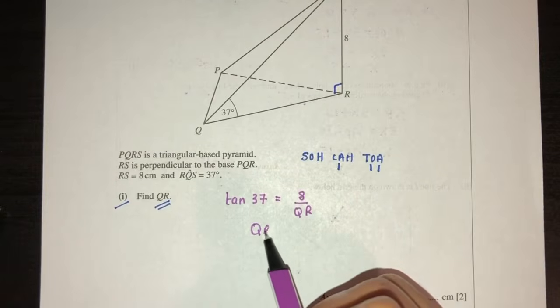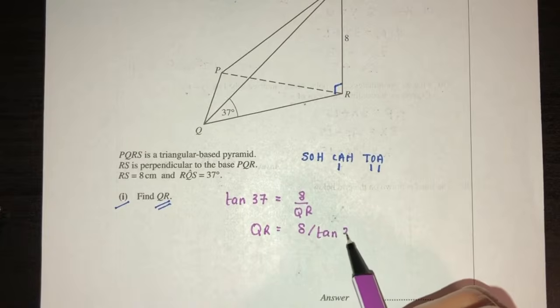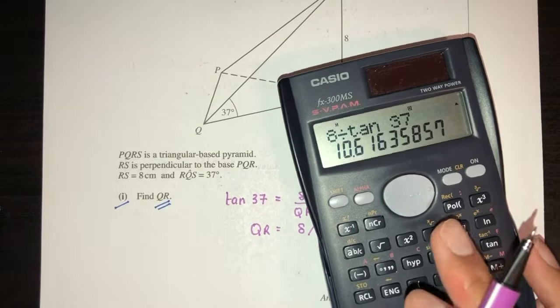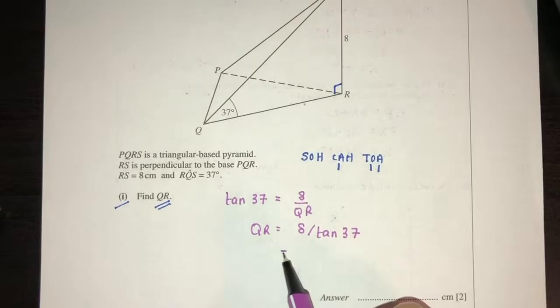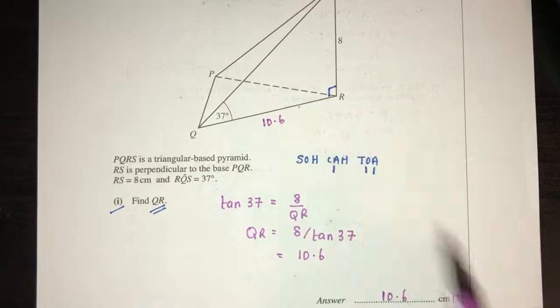So QR is equal to 8 divided by tan of 37. That will be 10.6, correct to 3 SF. That will be QR. So let's write this here, 10.6.